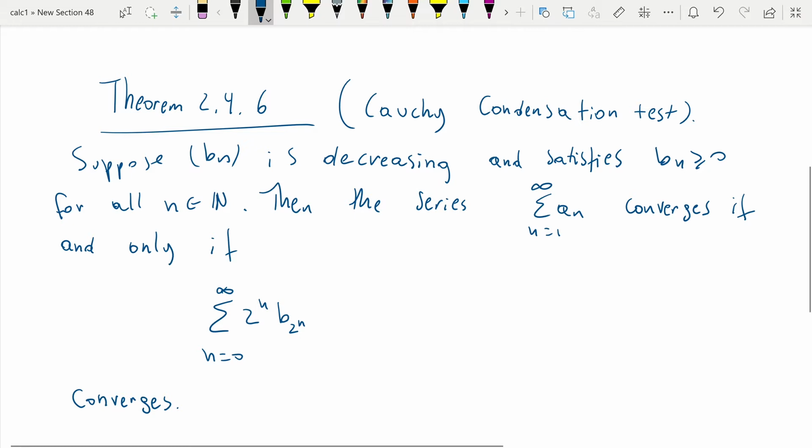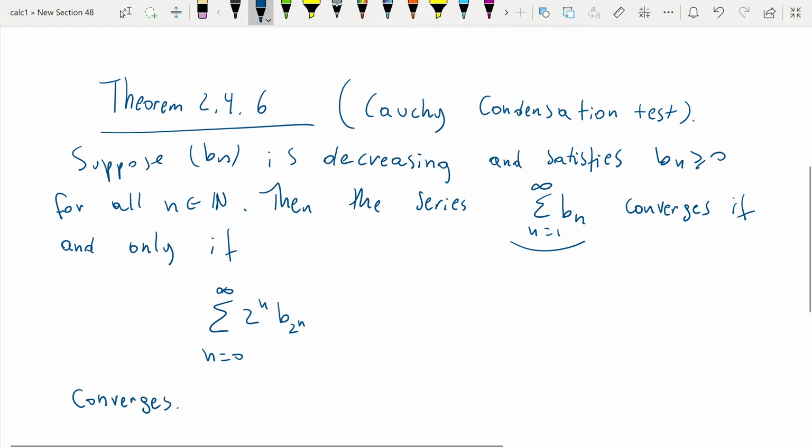So one thing here is that this series is made up of partial sums involving all the an's. Also, this is not an, this should be bn. For this particular theorem, we're considering a sequence called bn.